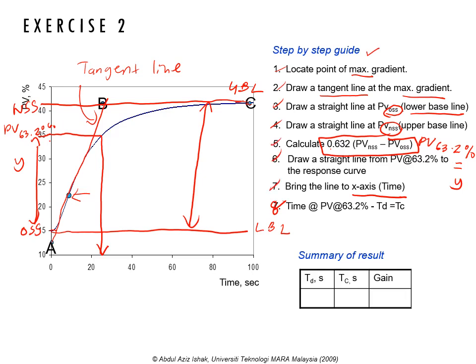You can find the time at the PV at 63.2%. So this is your value.